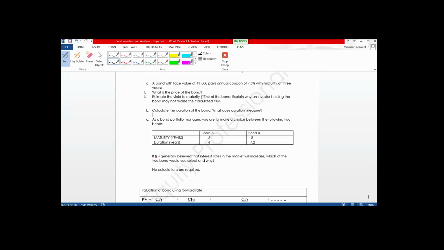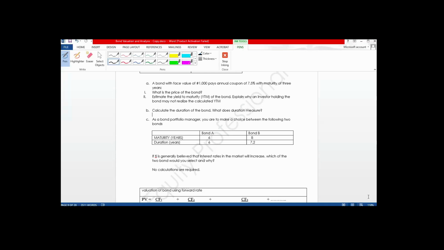Remember we said the higher the sensitivity, the higher the duration, the higher your risk. The longer your duration, the greater your risk.